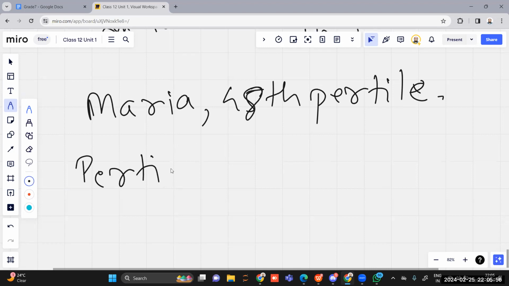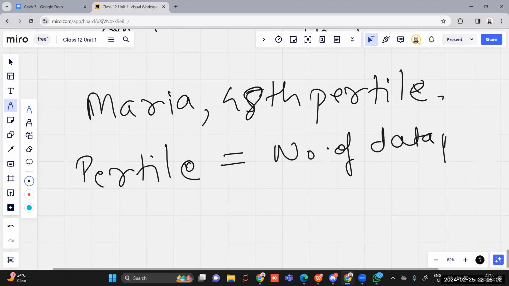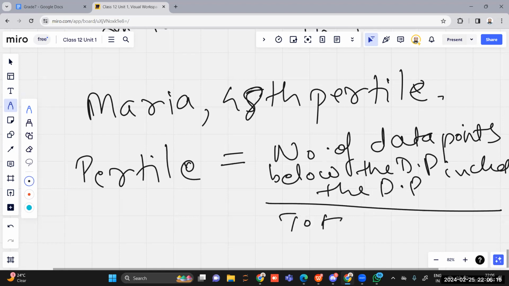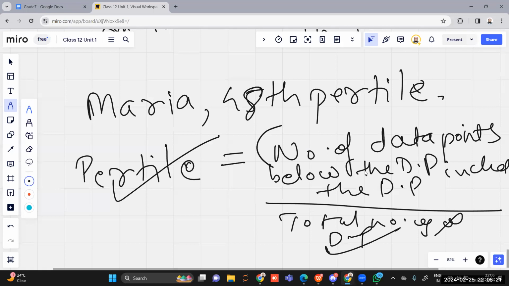Percentile equals the number of data points below the data point, including the data point, upon the total number of data points. So we have this quantity as well as this quantity. Can we find this quantity?